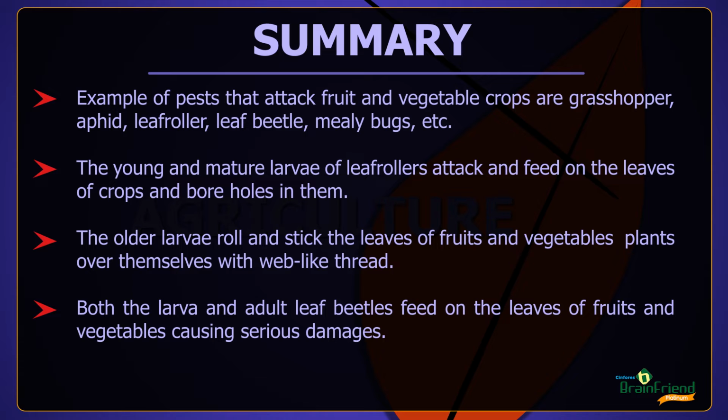We've also learned that the older larvae roll and stick the leaves of fruit and vegetable plants over themselves with web-like thread. We also discussed that both the larvae and the adult leaf beetles feed on the leaves of fruit and vegetable crops, causing serious damage to them.